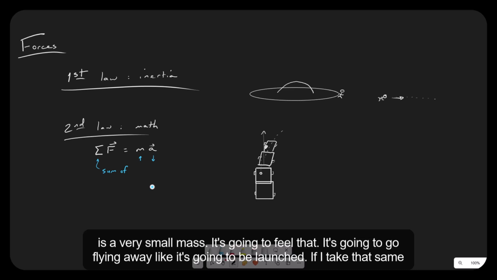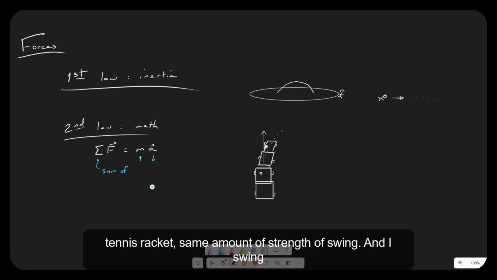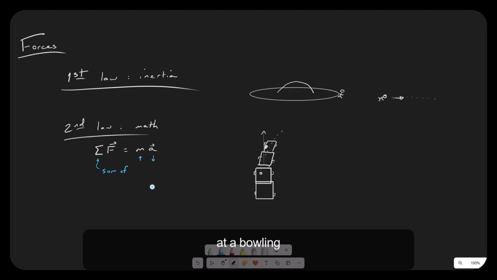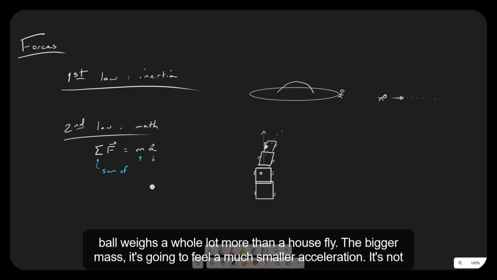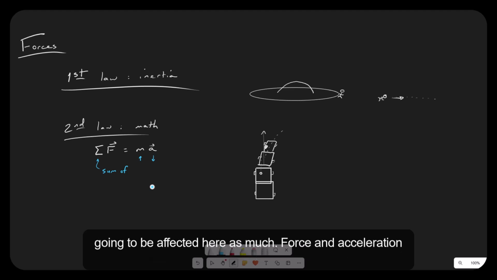It's going to feel that. It's going to go flying away like it's going to be launched. If I take that same tennis racket, same amount of strength of swing, and I swing at a bowling ball, that bowling ball weighs a whole lot more than a housefly. With the bigger mass, it's going to feel a much smaller acceleration. It's not going to be affected nearly as much.